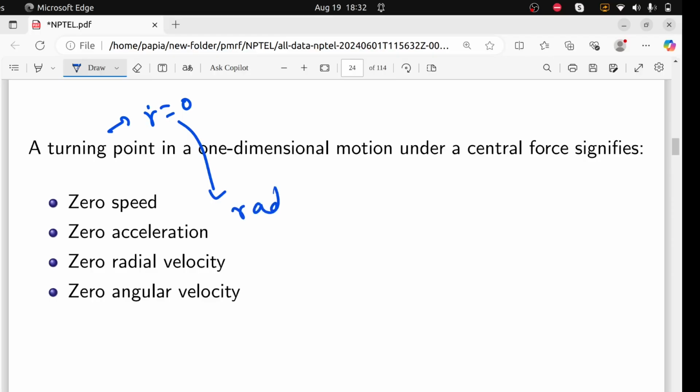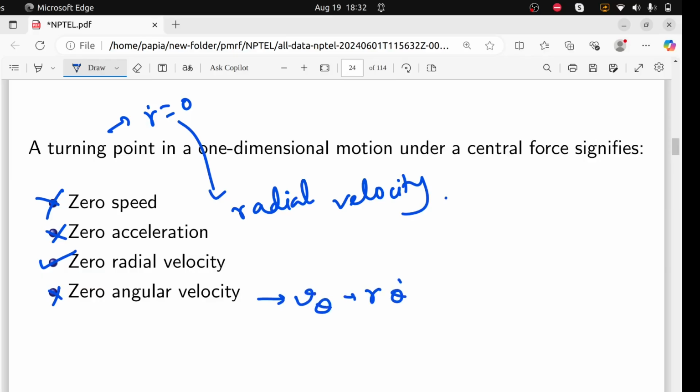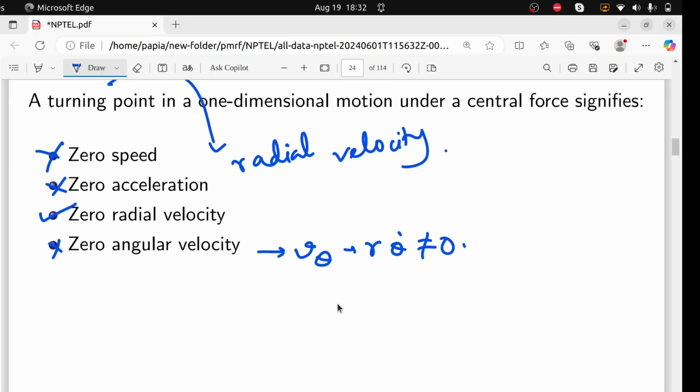R dot means radial velocity. So you can see that 0 speed, it is not correct, 0 acceleration not correct, 0 radial velocity, 0 angular velocity is also not there. Angular velocity is like v theta, like r theta dot, that is not 0. So radial velocity is 0. So the third option is correct.